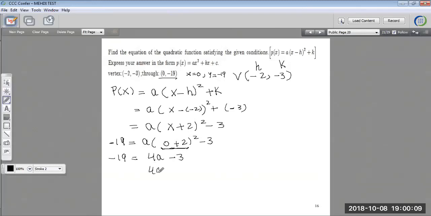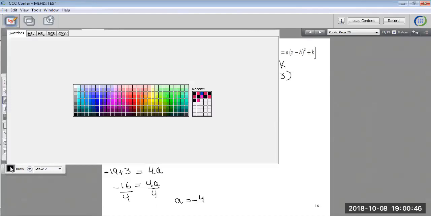If I add 3 to both sides of the equation, I get minus 19 plus 3 on the left-hand side, which would be minus 16, equal to 4a. Divide both sides by 4. Now I would get a is equal to negative 4. Okay, so now I got my equation.